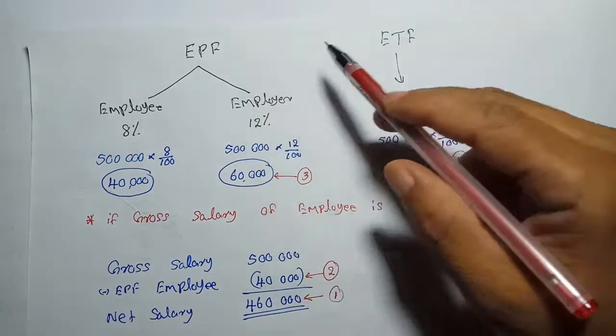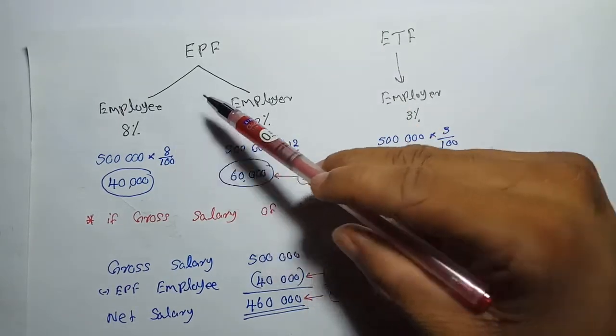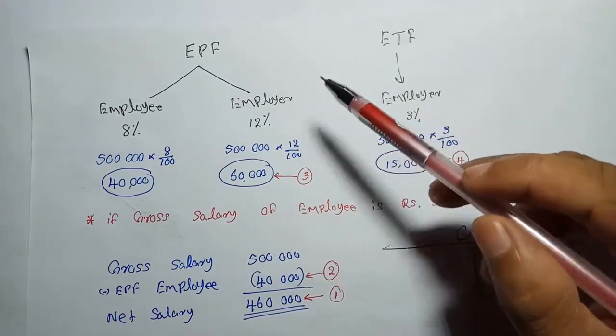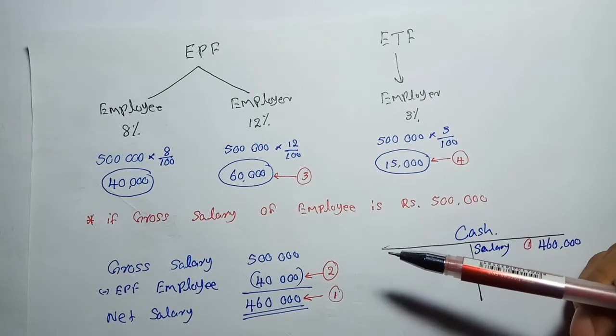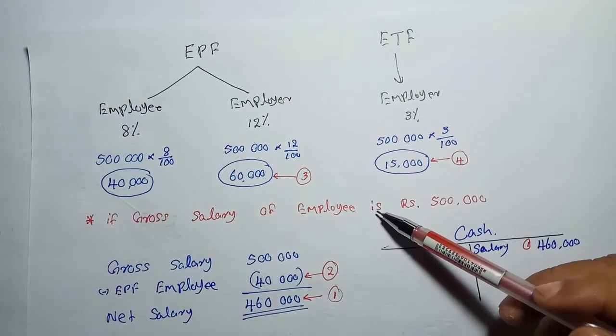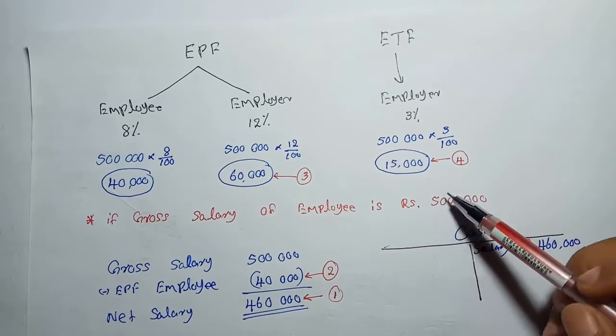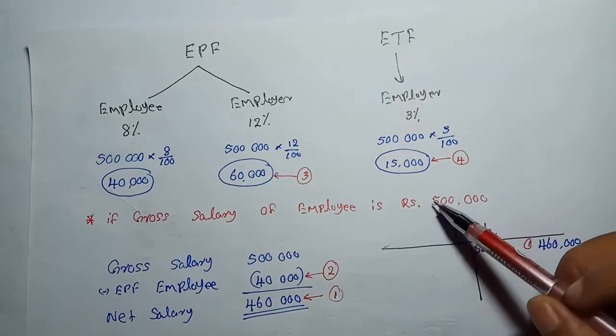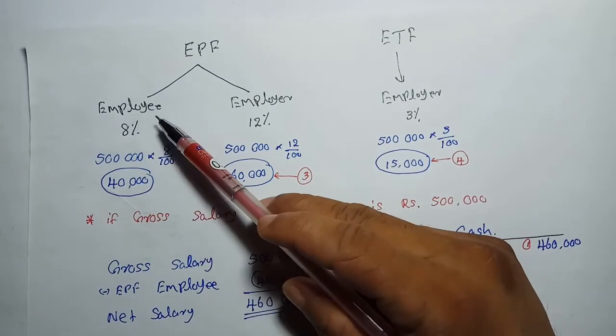Then for EPF and ETF, the employee and employer contributions should be calculated based on the gross salary. Therefore, assume the gross salary of the employees of the business is 500,000, then you can calculate the values.